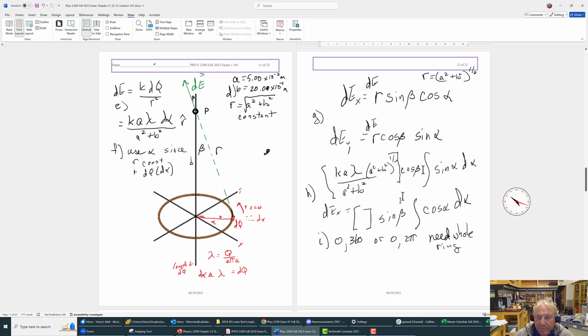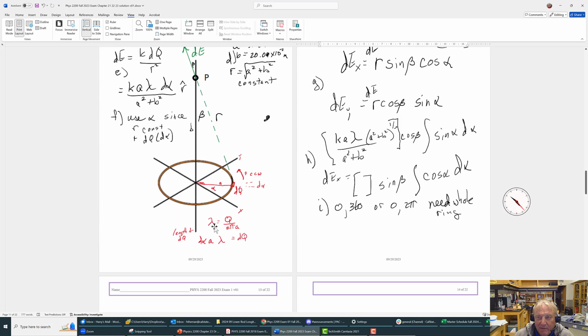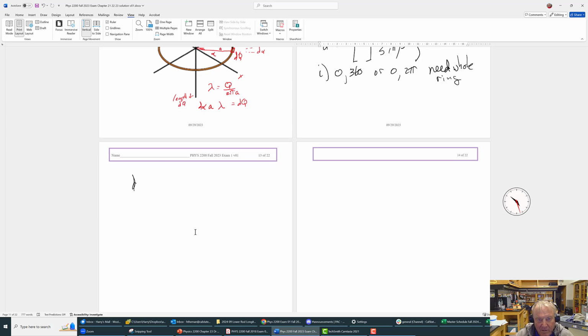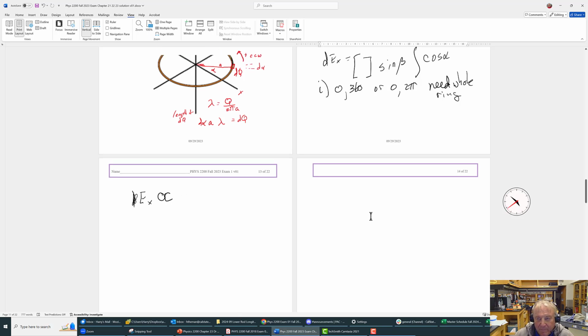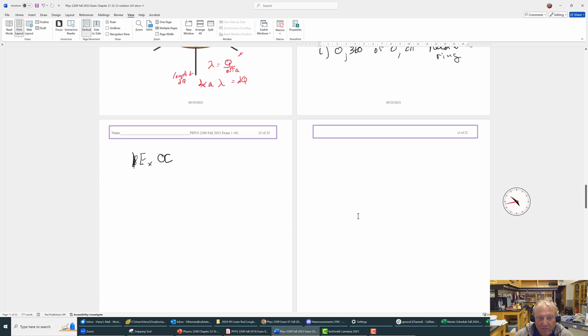So right off the bat, dE. Wait a minute. So that means Ex is going to be proportional to, wait a minute, the derivative of sine is cos.